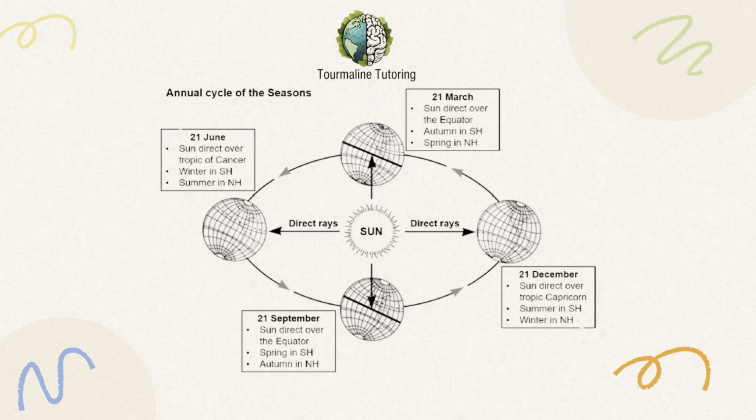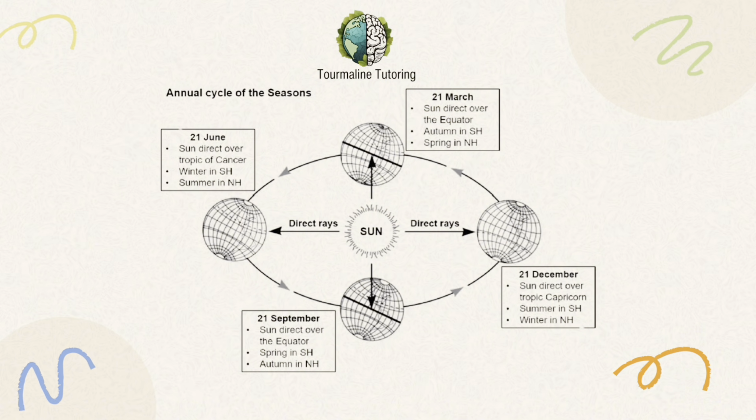That is why it is a solstice: the lengths of the days are not equal. Here the sun is directly over the Tropic of Capricorn. Remember that with the equinoxes, the sun is directly over the equator.